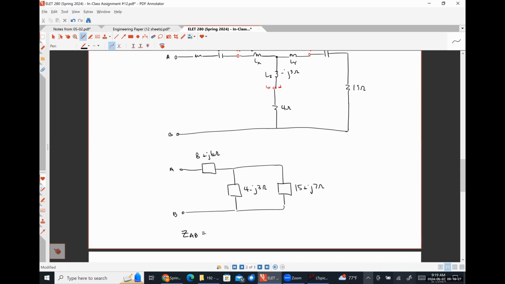So what would my equivalent impedance for this be? So that 4 minus J3 ohms in parallel with 15 plus J7 ohms, and you guys can throw that into a calculator just as well as I can.